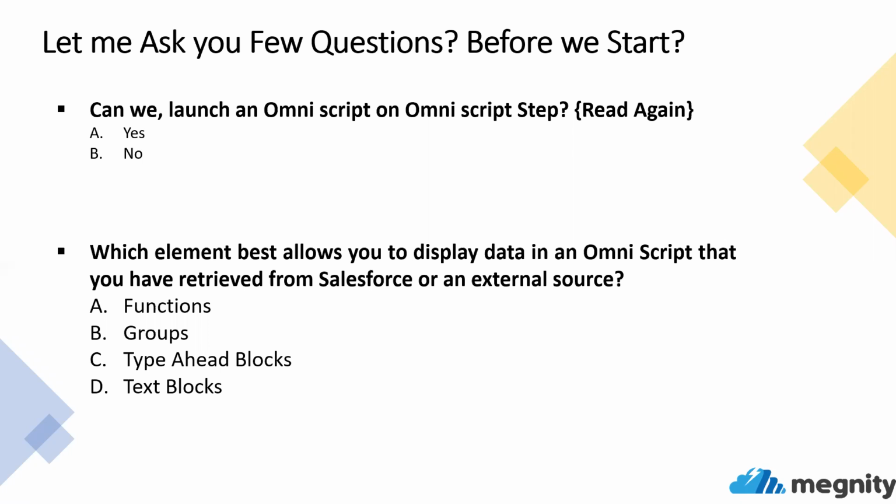Functions, I think. Text blocks. Yesterday only Bala showed it. He took one text block and showed different data coming from an external system, right? So how come type ahead block? Just read the question and answer, and I need more answers. Okay.